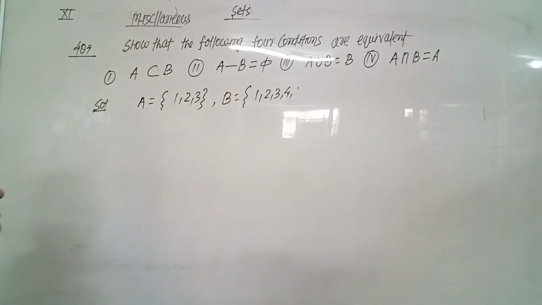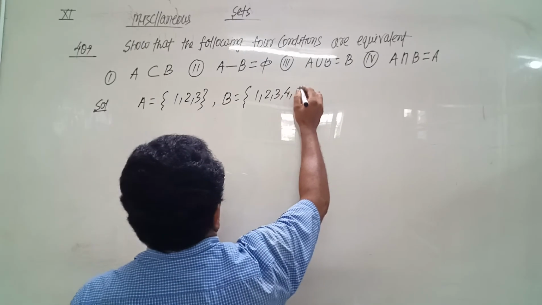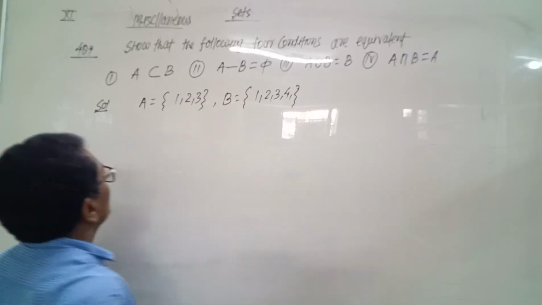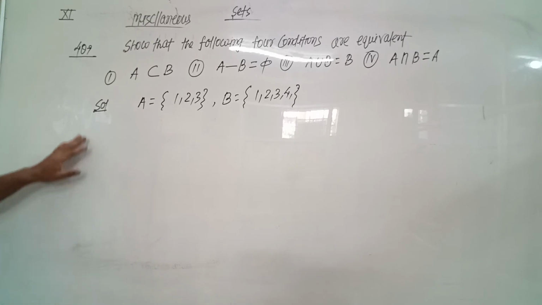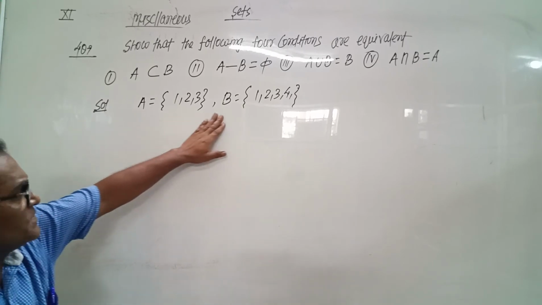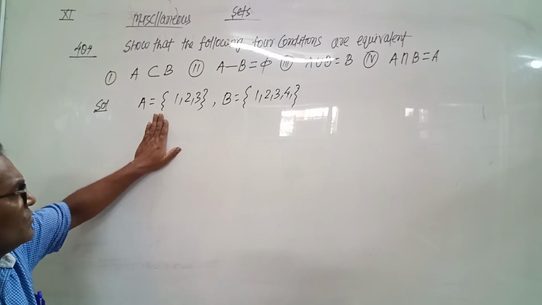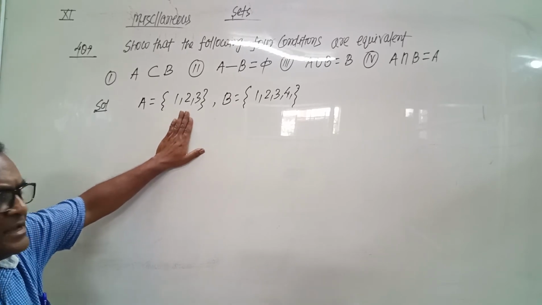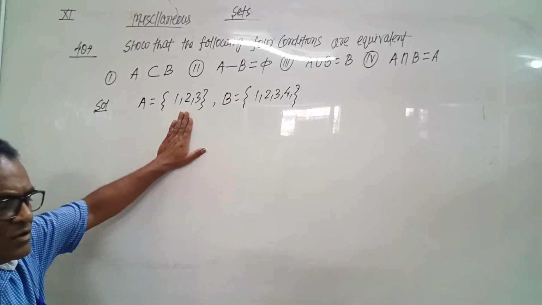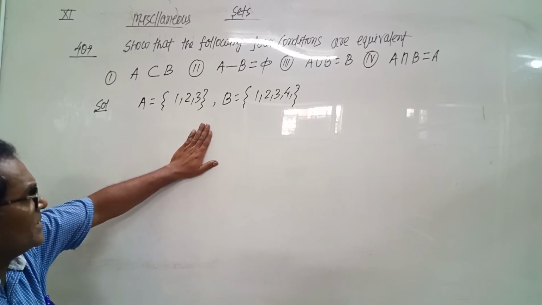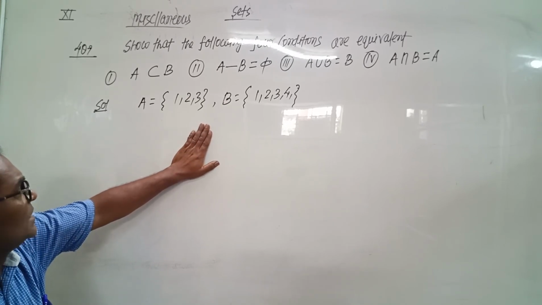So here A is a subset of B because every element of set A is also an element of set B.